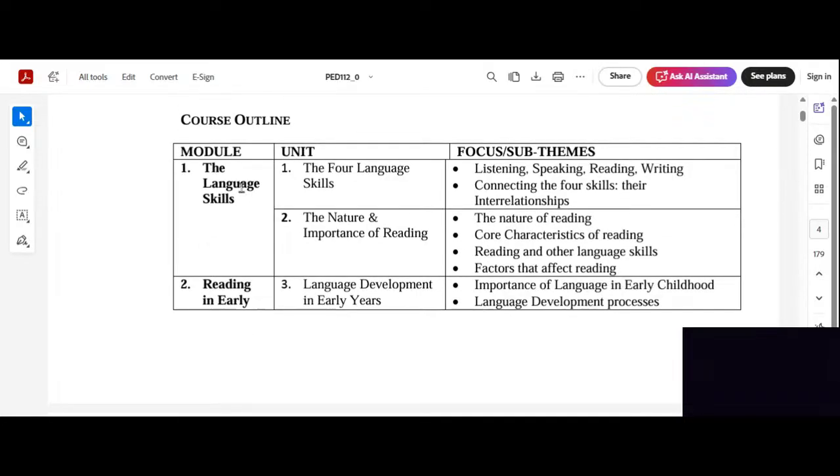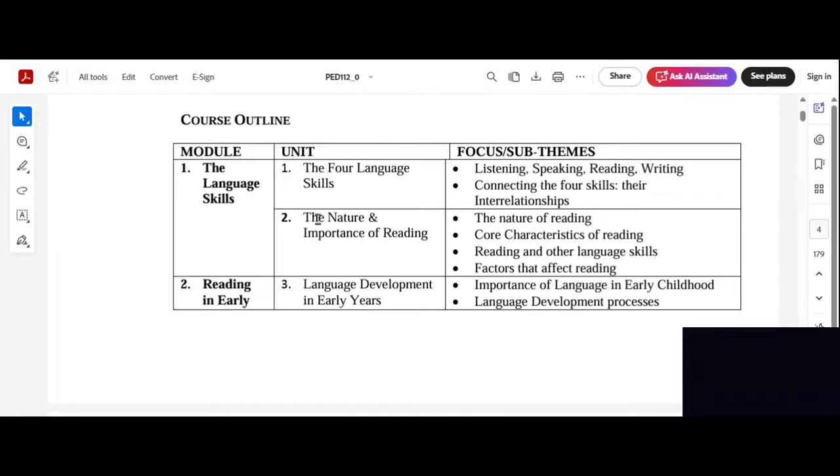In Module 1, we're going to talk about language skills, and under that, we'll be talking about the four language skills we have: listening, speaking, reading, and writing. The LSRW. These are the four language skills we have. And then we are going to be learning the connection between the four skills and their relationships.